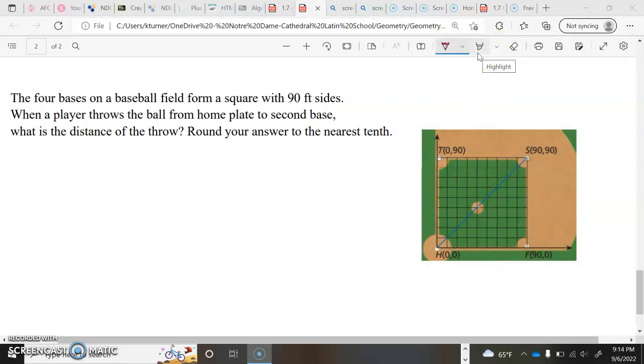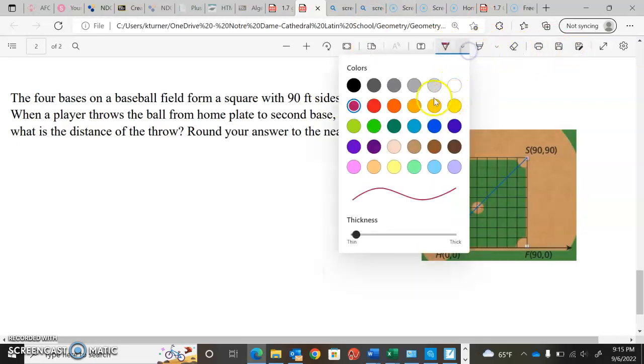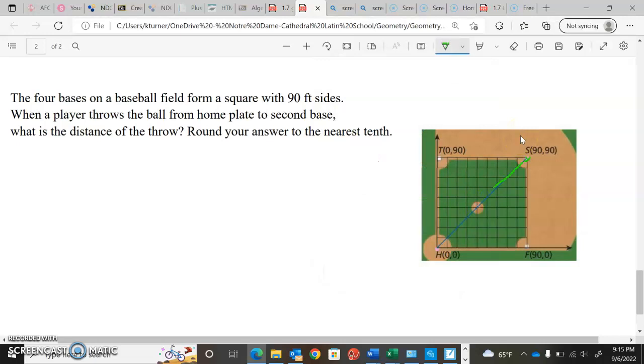And the question is, if the player throws the ball from home plate all the way to second, what is the length of that throw? So let's look and see what we have here. So the length from home plate to second, or from H to S.